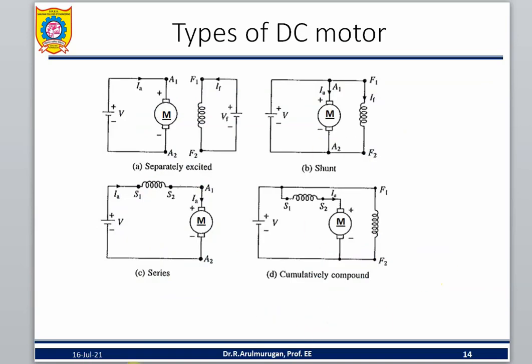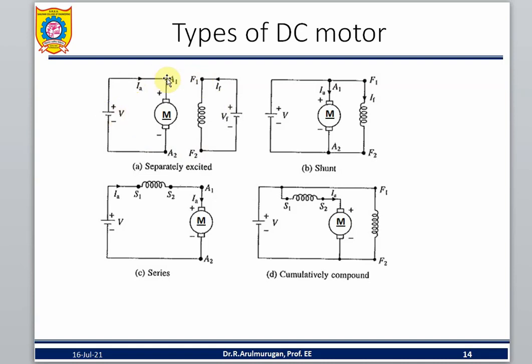See here, this is a shunt motor, this is a series motor, this is a compound motor. What is the difference? Each has two coils: one is the armature coil, another is the field coil. The separately excited method is nothing but the shunt method.